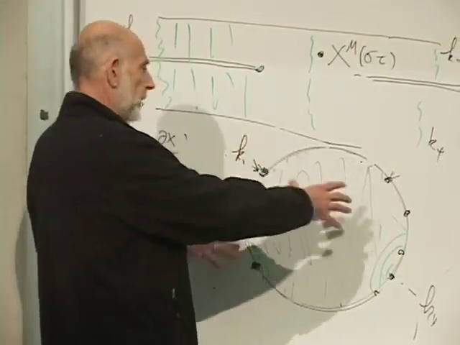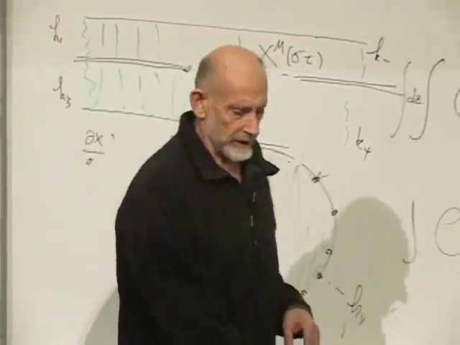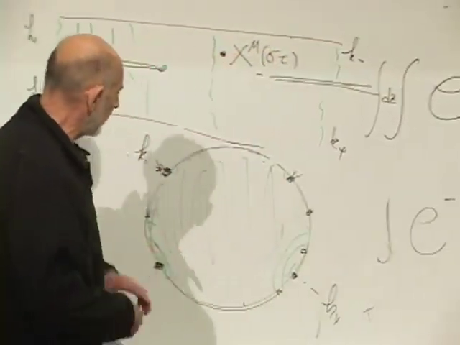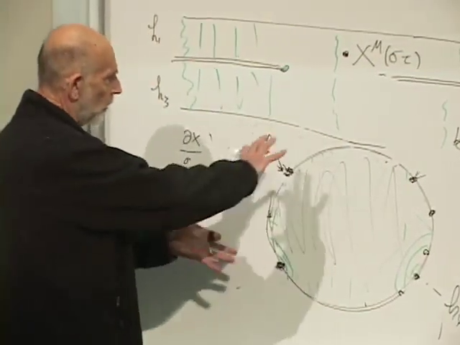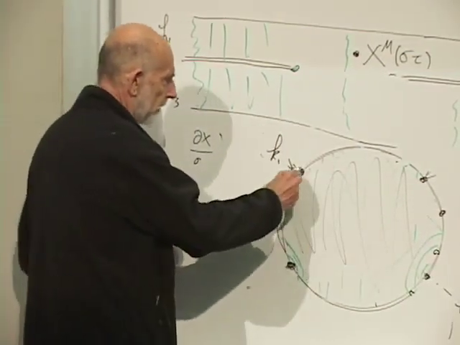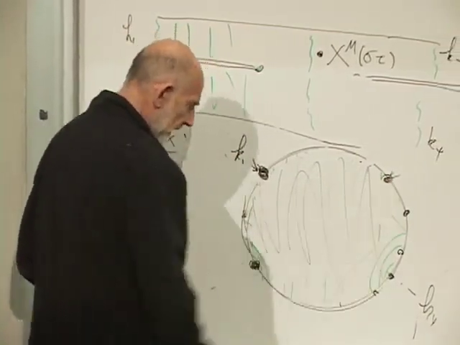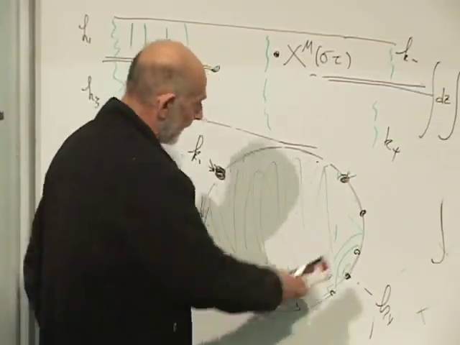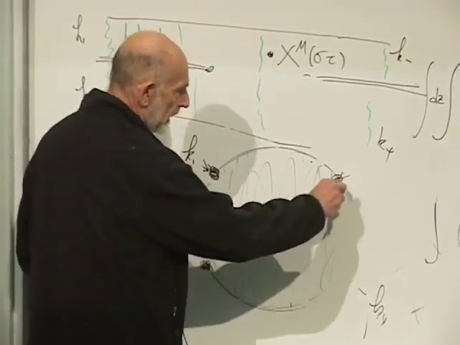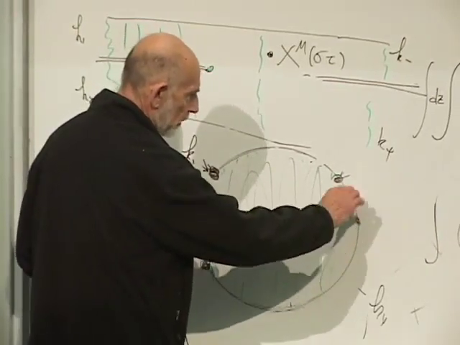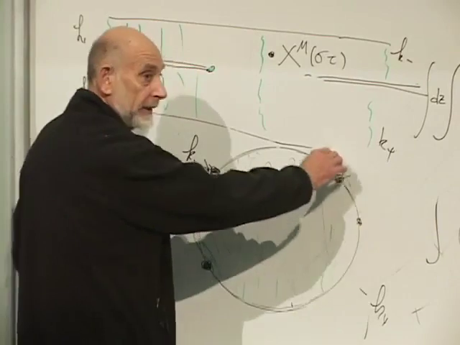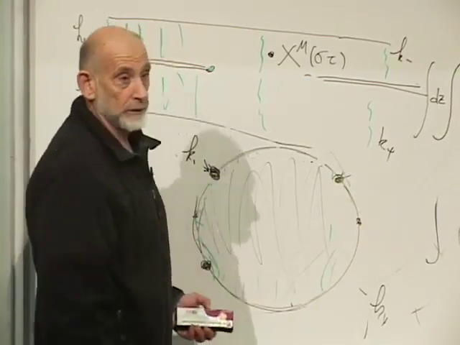In other words, you should integrate over all of them, but for any given configuration, you can always find a conformal mapping which will bring this point to here, this point to here, this point to here, and then it's only the 4th point. For the case of 2 in and 2 out, it's only the location of the 4th point which gets integrated from here to here. That's a technical point.